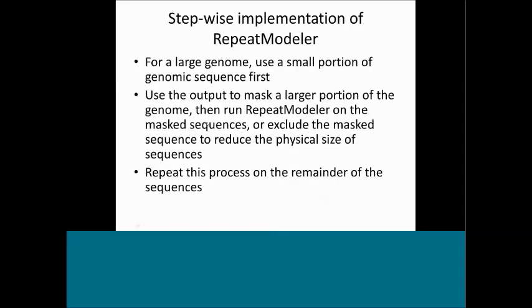Then you use the output from this small portion of genomic sequence to mask the rest of the genome, to reduce the unmasked size of the genome, and then use it to run RepeatModeler again. So if the genome is really big, you can separate it into multiple steps to make RepeatModeler run in a reasonable time.